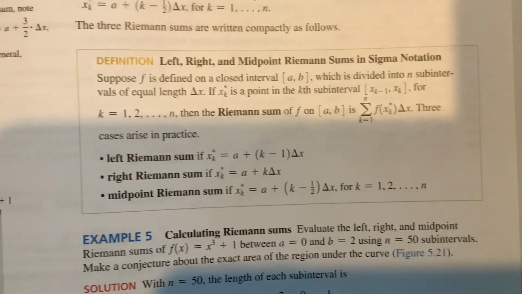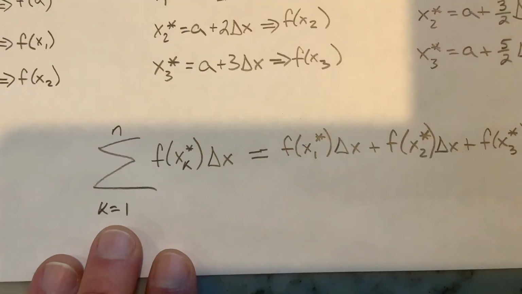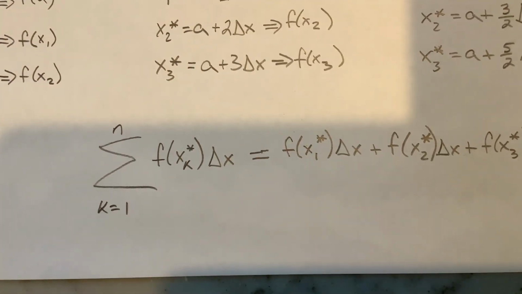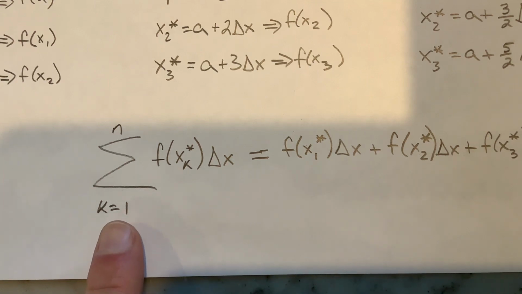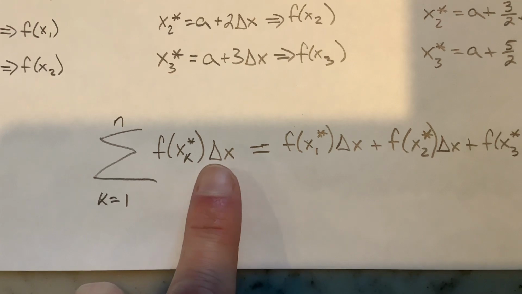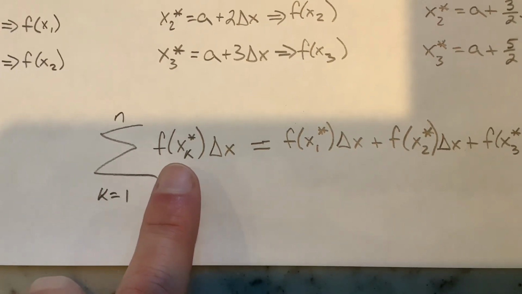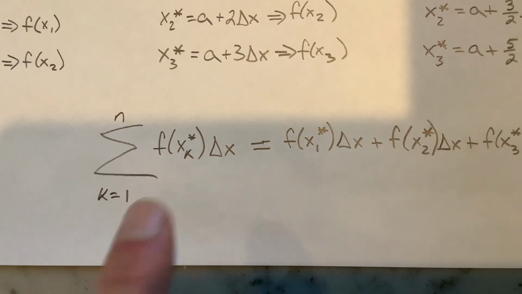I drew out a couple pictures here, but the first thing I want to point out is back to this before I look at the other pictures. What we're talking about right here is an area of a rectangle. This is the width along the x-axis, and this is the height, right?